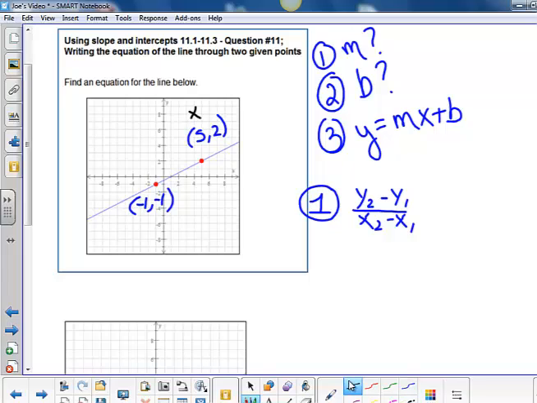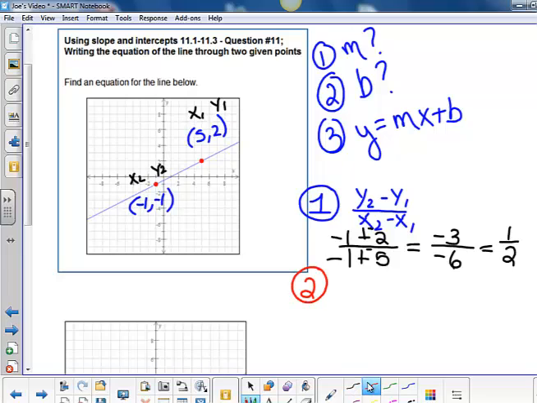I have y2 minus y1, so -1 minus 2, divided by -1 minus 5. That gives -3 over -6. These negatives cancel each other out, and that reduces to 1/2. So my slope is 1/2.